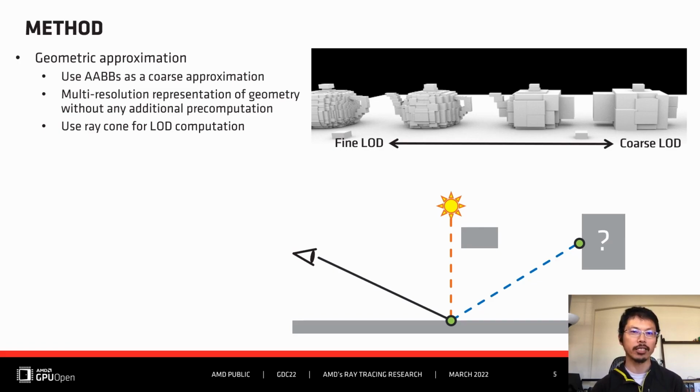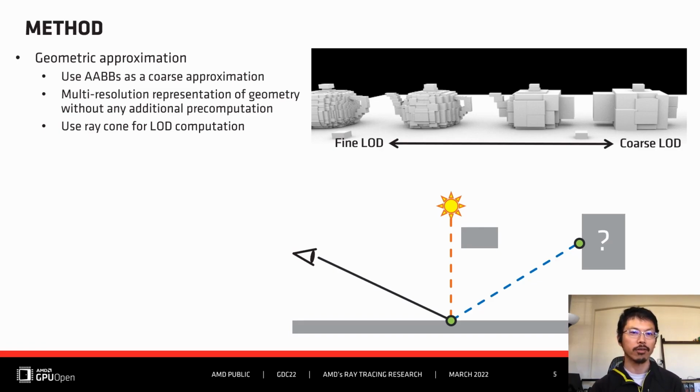However, it is not clear how we can apply this for other ray types we trace in a path tracer, where we trace quite a lot of non-occlusion rays. And here's an example. So we have a camera or eye looking at the scene, and then from the camera we cast a primary ray, and then from the shading point, we try to connect to a light source.